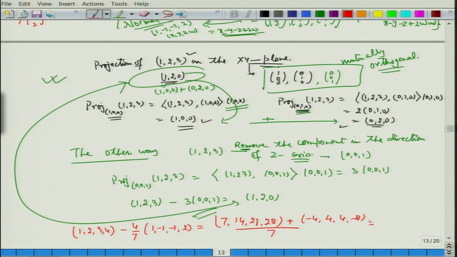I always make mistakes. So this is equal to 7 minus 4 is 3, 14 plus 4 is 18, 21 plus 4 is 25, and 28 minus 8 is 20, all upon 7. So this is the projection that I would like you to try out. Fine. And this matches with my answer, so my calculations are correct.